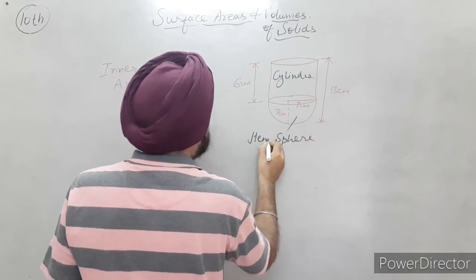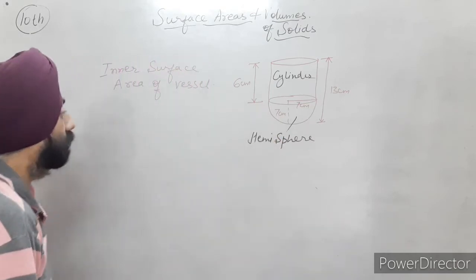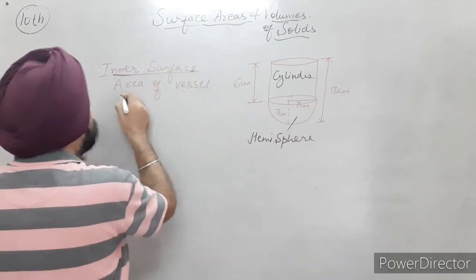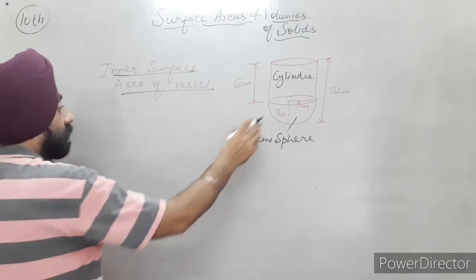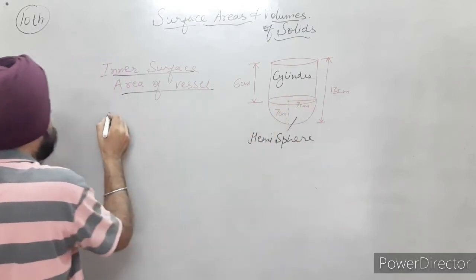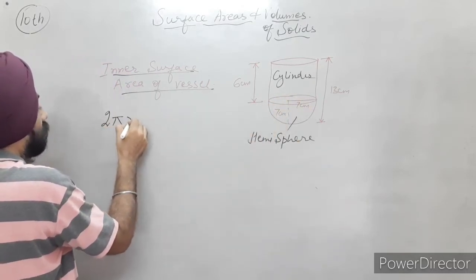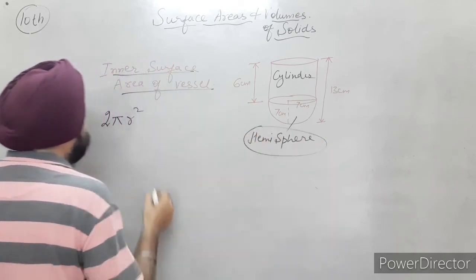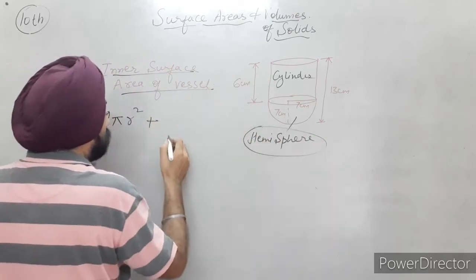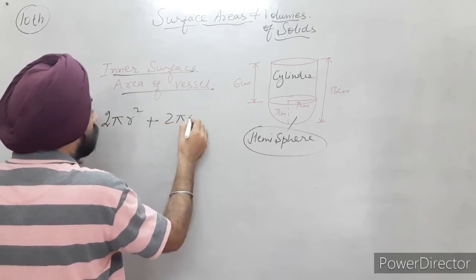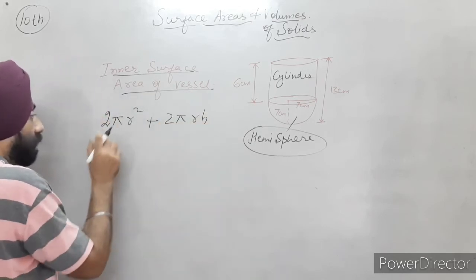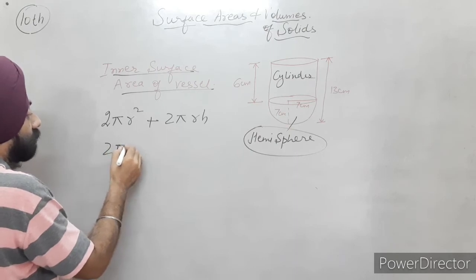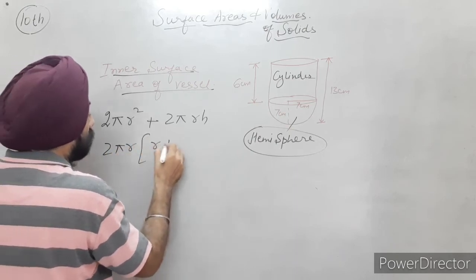The surface area of the hemisphere is 2 pi r square, plus the cylinder, which is 2 pi r h. Just fill in the values: 2 pi is common, r is also common, so 2 pi r (r plus h).